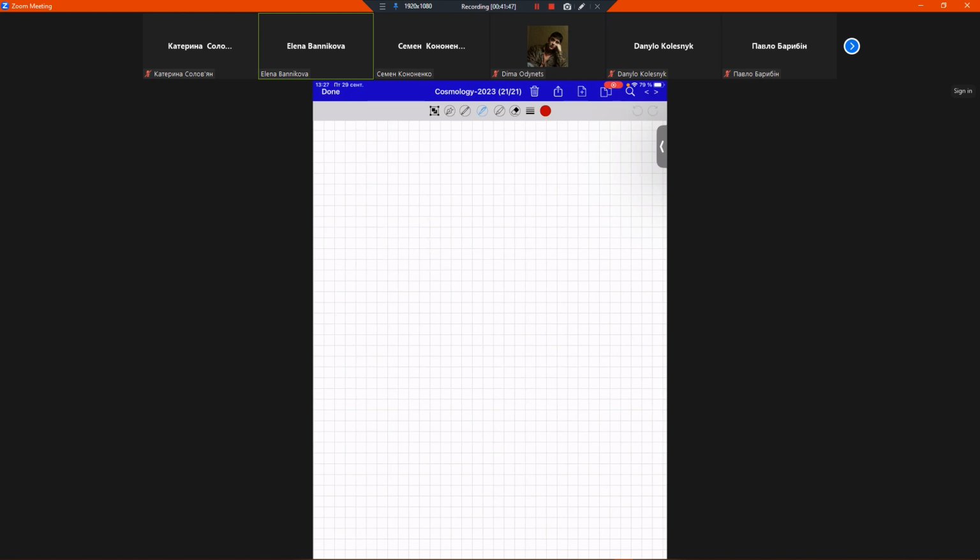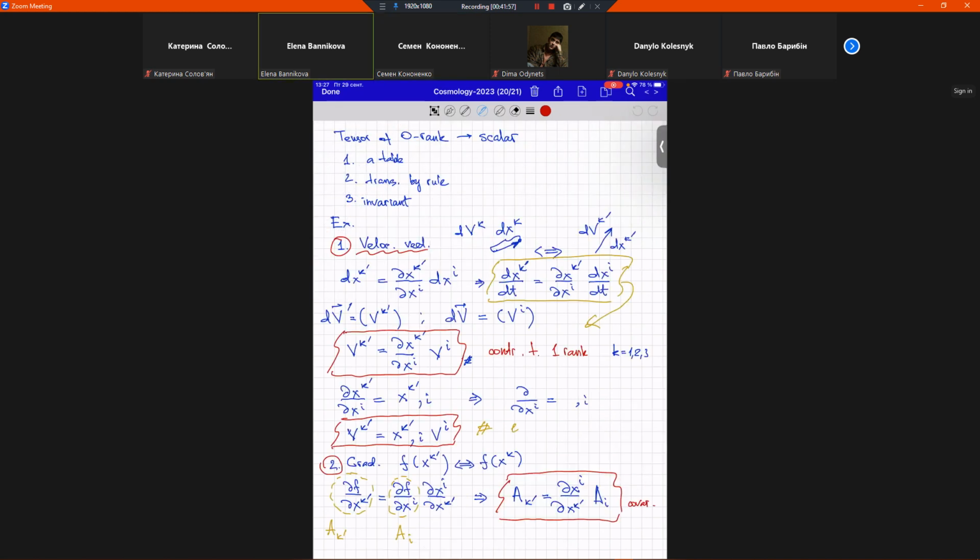When we start to work with examples, it will be much more understandable. Don't worry. Question: is velocity in all cases a contravariant vector? Yes, you can see that. That's because distance is always a contravariant vector.